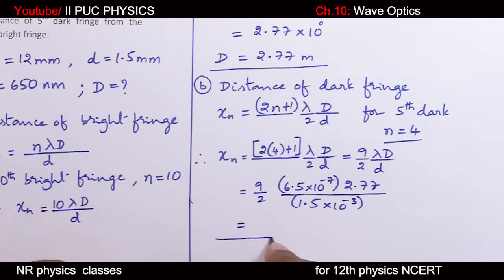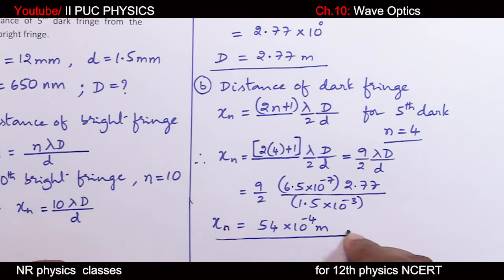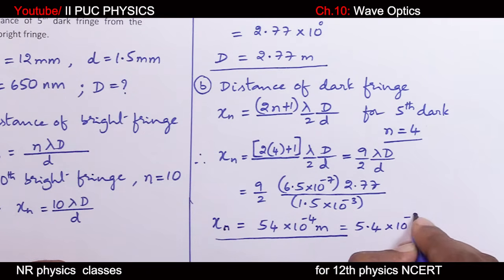This equals 54 into 10 power minus 4 meter. This is the distance of the fifth dark, or 5.4, just shift the decimal, into 10 power minus 3 meter.